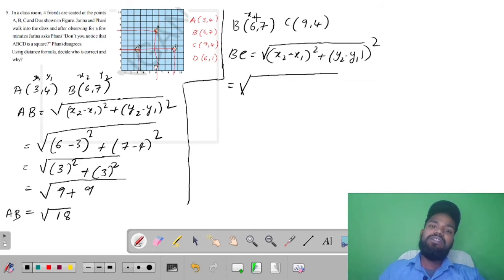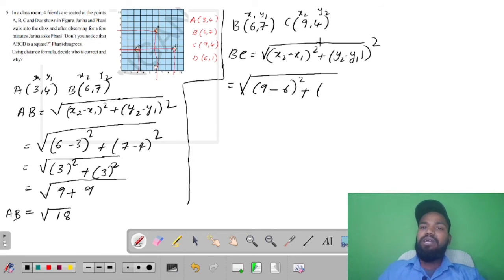This is x1 and y1, and this is x2 and y2. What is x2 here? 9. What is x1 here? 6. What is y2 here? 4, and what is y1 here? 7.